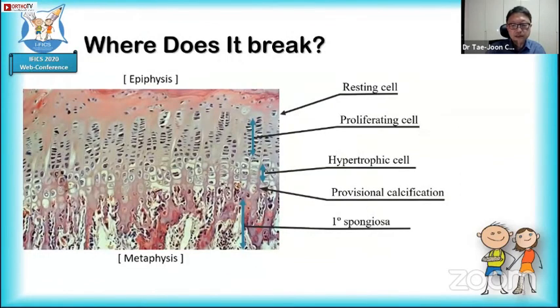The growth plate is composed of chondrocyte columns in a zonal pattern: resting cells, proliferating cells, and hypertrophic cells. Hypertrophic chondrocytes undergo calcification and apoptosis, and are replaced by primary spongiosa.